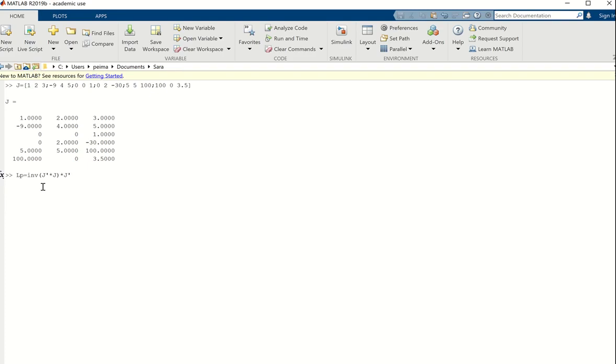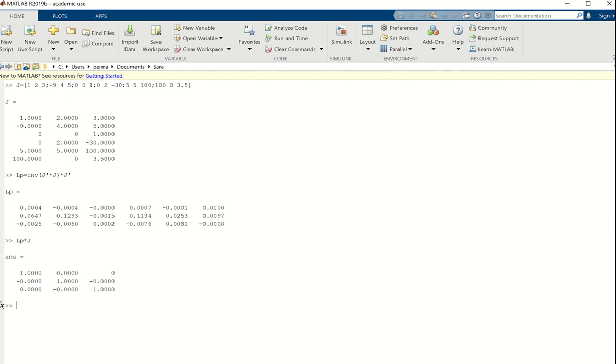If you write it like this as a left pseudo inverse, J is 6 by 3, so it's going to be 3 by 6: 3 rows and 6 columns. So if you multiply the left pseudo inverse by the Jacobian, it's going to be 3 by 3, the identity matrix 1 1 1.